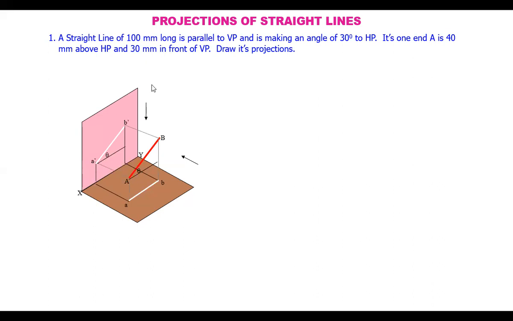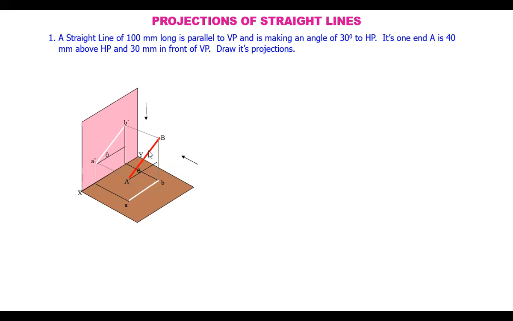When it is seen from the top, the projections of points A and B are obtained here. Because it is parallel to VP, the top view is parallel to the reference line. And because it is making an angle with the HP, the projection on the top view, or the horizontal plane, is less than its true length.